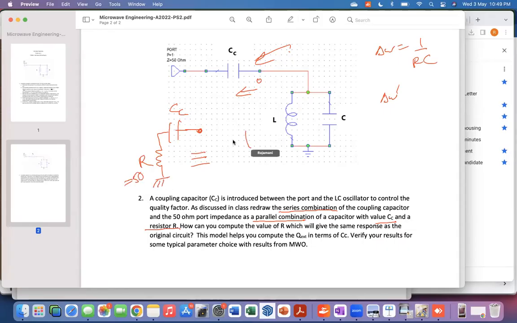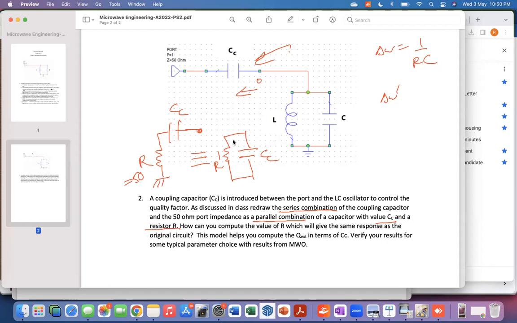It's saying rewrite this as this circuit, R prime, and this is already given to be the same as C of C. I'm already giving you that. One can argue why this is the case, but you'll see that this gives you the correct answer.